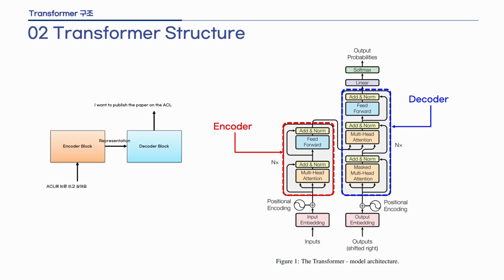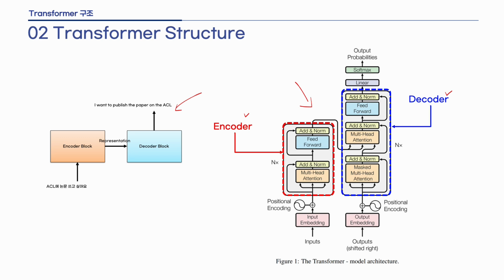Okay, on the left is the structure of the very simple encoder-decoder model we introduced earlier. I mean this part. And then if we zoom in on that model, we see a very complex transformer structure that looks like this. Oh, but don't panic. Let's conquer it one by one. As you can see, there are two different parts, encoder and decoder, in a simple transformer structure.